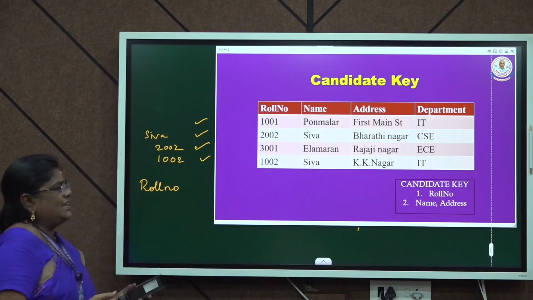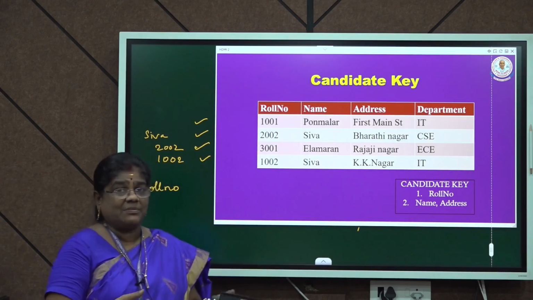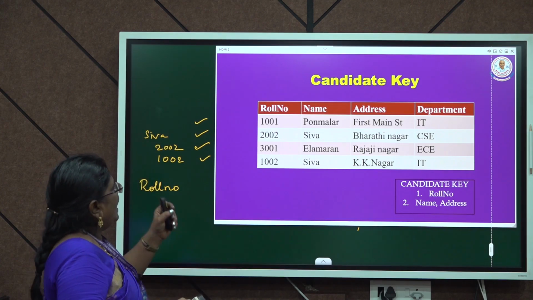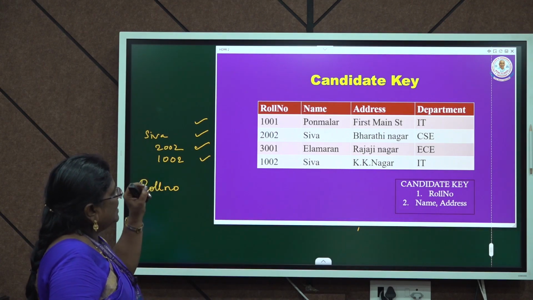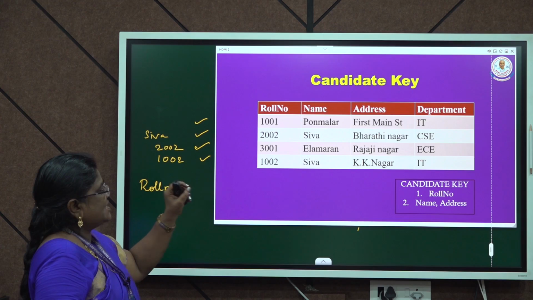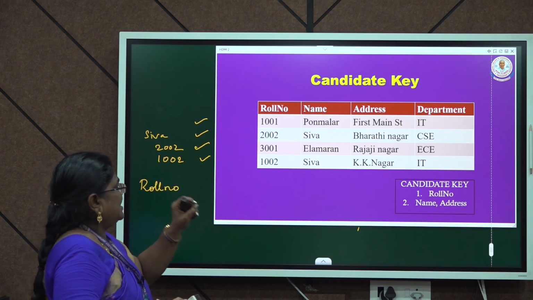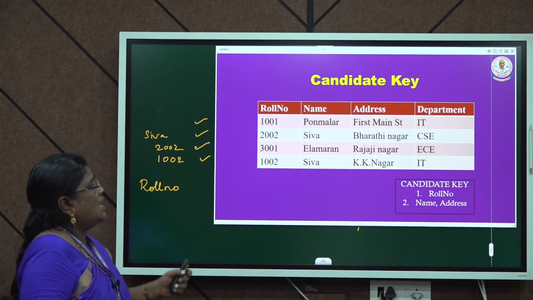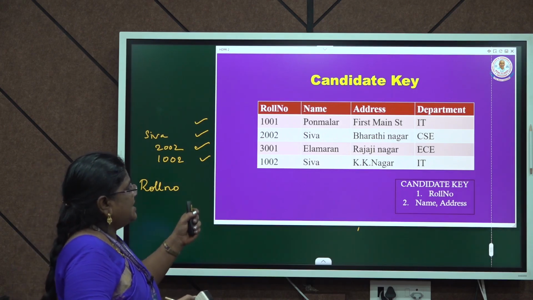It happens in mostly all classes, as I mentioned, in a group. So, here we have the first row 1001, Ponmalar, address is first main street, belongs to IT department. Siva, 2 Sivas, one is from CAC department and another one is from the IT department.